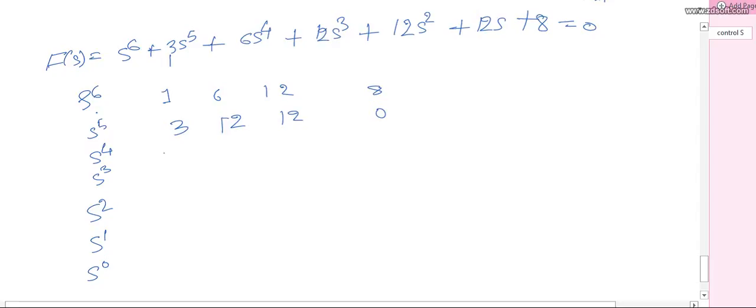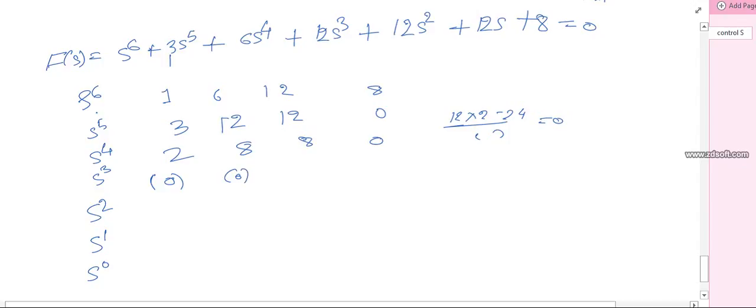On solving this you get 2, 8, 8, 0. Now for this one, 12 into 2 minus 8, 3 times 24, divided by whatever, gives 0. This becomes 0. Again 24, 8, 3, 24. This is again 0, 0, 0. Same procedure, we apply the auxiliary equation.